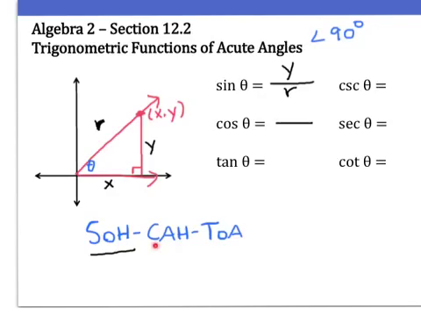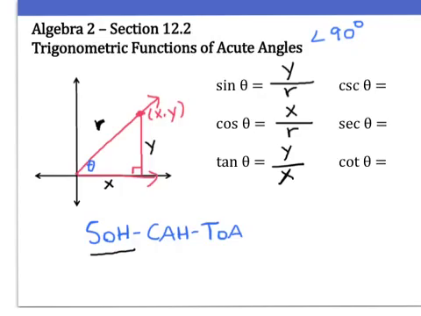Cosine, adjacent to the angle. So the side that's adjacent to theta is x, and that's also over the hypotenuse. And then tangent is opposite over adjacent. And so that means we're going to have opposite, which is y, over our adjacent side, which is x.